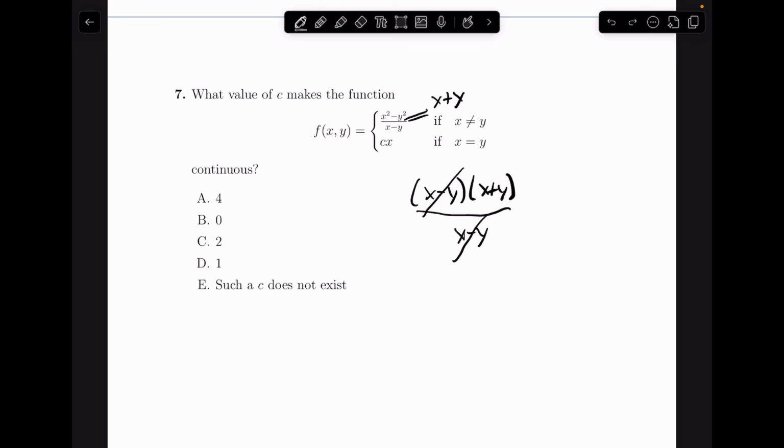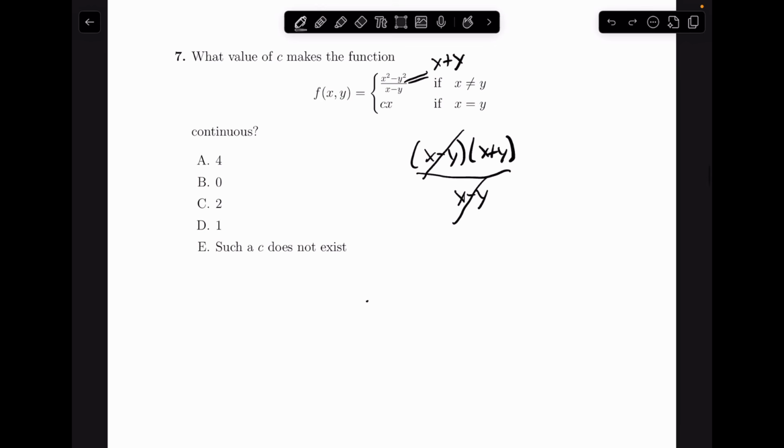Because if you remember from Calc 1, if it's not equal, then it's a discontinuity. So we want the limit as x approaches y of our function, where f is not equal to y, which is x plus y. We want that equal to cx, which is our value at x equals y.